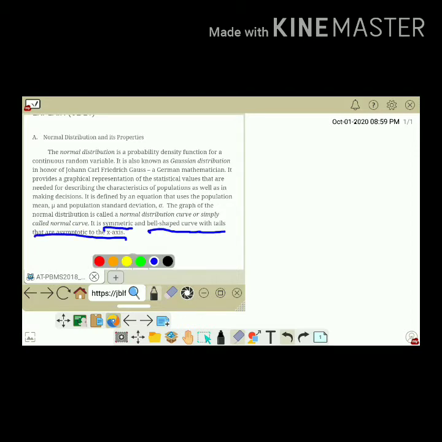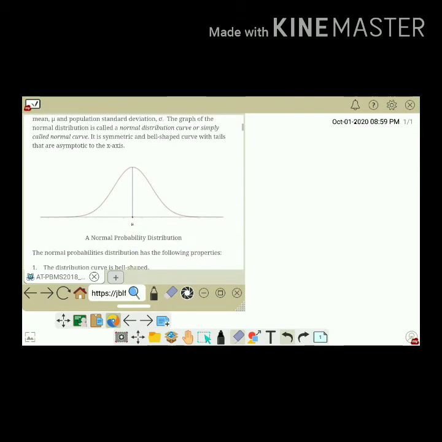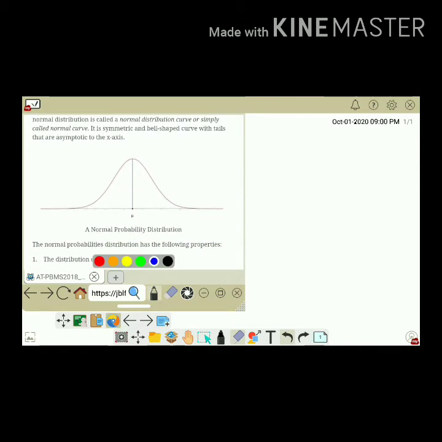What do we mean by that? I hope you already have an idea of the word asymptotic. Here is an example of your normal curve. When we say symmetric, it only means that we have a line in the middle. This line signifies that your mean is located at the middle.